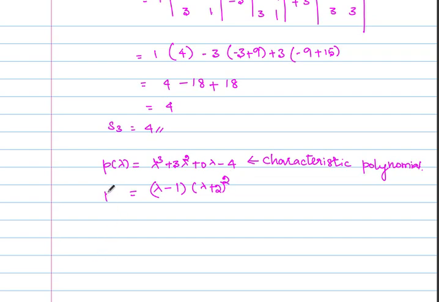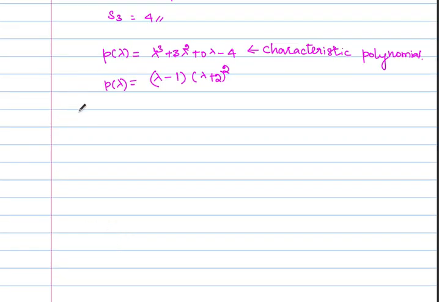This is our P of lambda. What is the eigenvalue? Eigenvalue is a root of the characteristic polynomial.